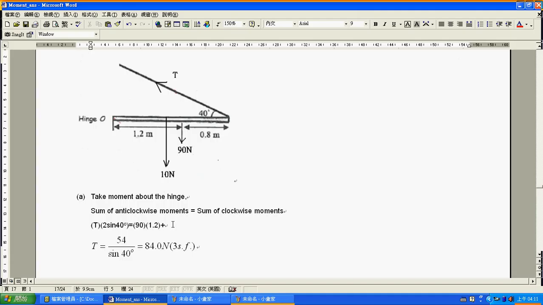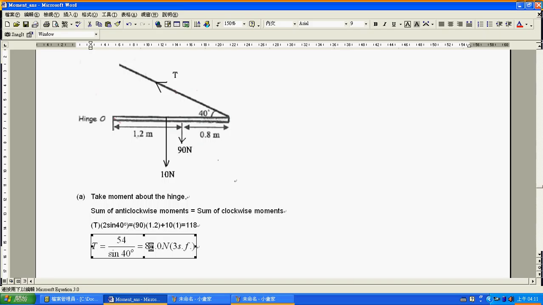Which is a 10 times 1. So the right hand side sums up to 90 times 1.2 plus 10, which is 118. So it is 118.